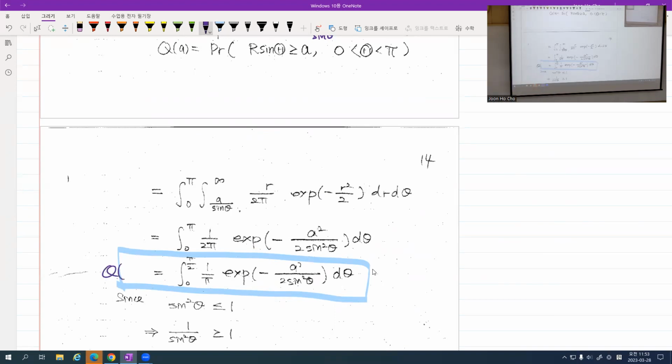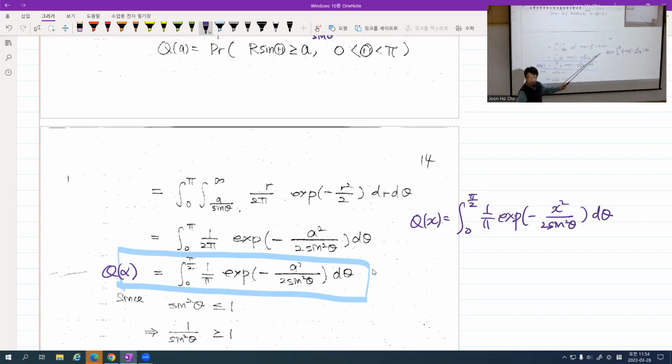So this is Q of alpha, right? And we do not like alpha, so let's say Q of x. Then two sine squared theta x squared d theta. And in order to visualize this one, what do you want to do? You want to draw a graph and shade the area, right?